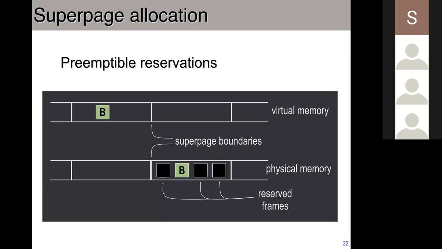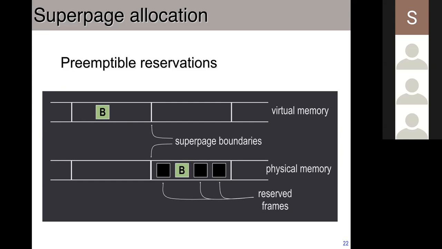All right. So the first thing they introduce is the notion of preemptible reservation. This is the allocation problem that we're solving. Suppose somehow they have a guess of the size of the object that the application is trying to access, whether it's an array or a structure or a file, right? Now, if the application accesses this virtual page number B, then let's say they know that in physical memory it's going to be roughly 4 base pages in size.